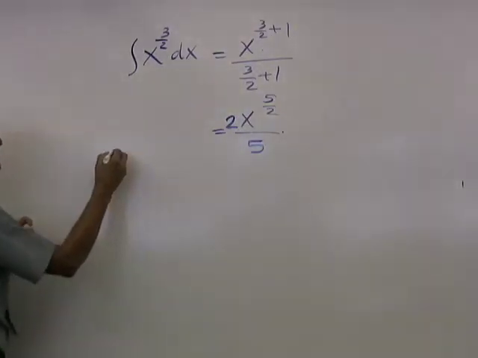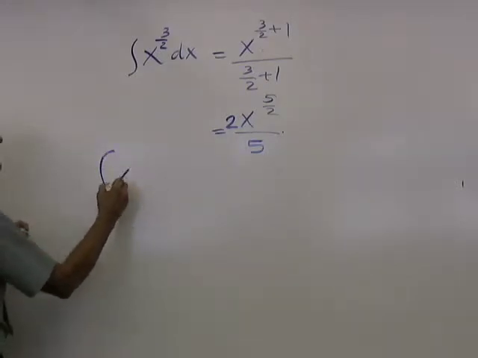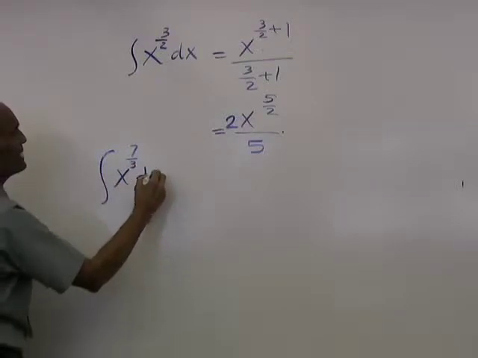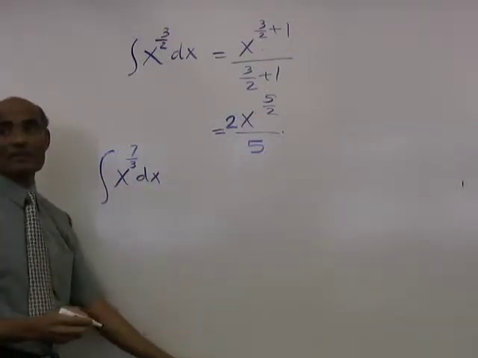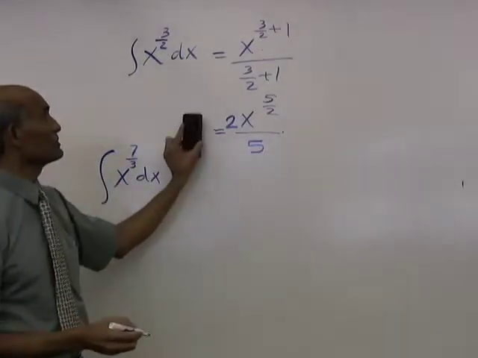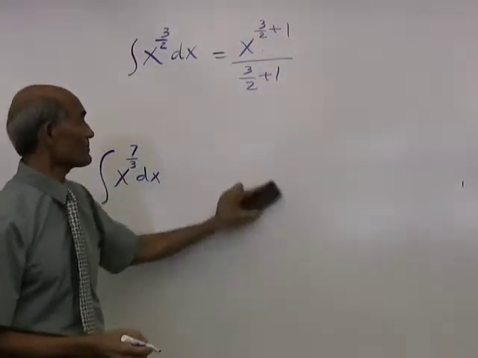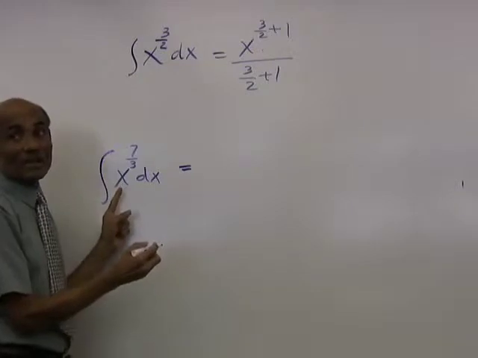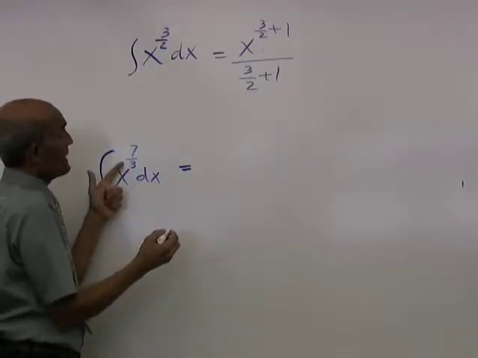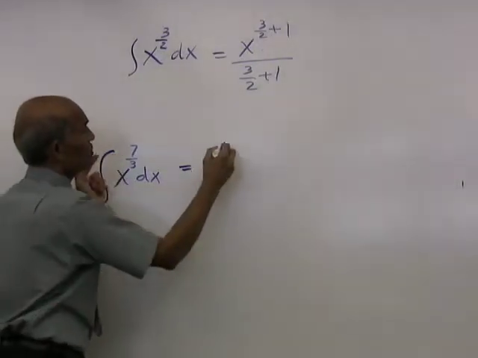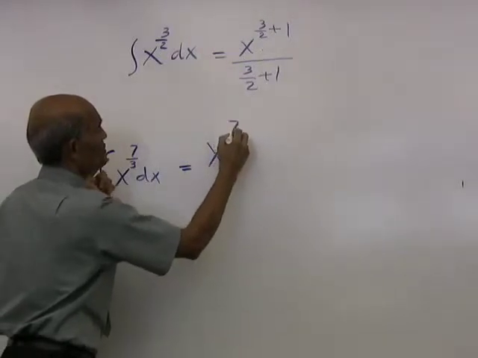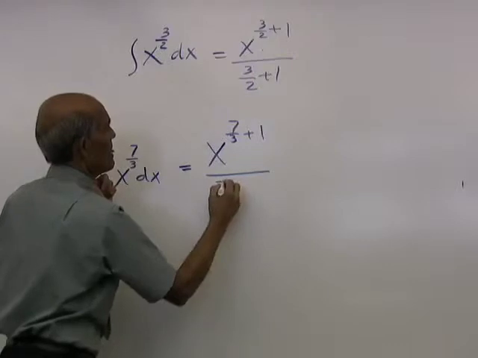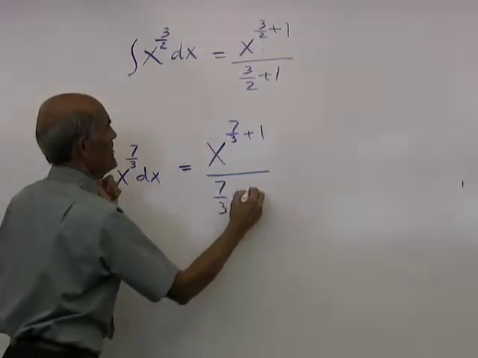Alright, quickly tell me, what is the integral of x to the power of 7 over 3 dx? Can you write that in one step? It will be x to the power of 7 over 3 plus 1, over 7 over 3 plus 1.